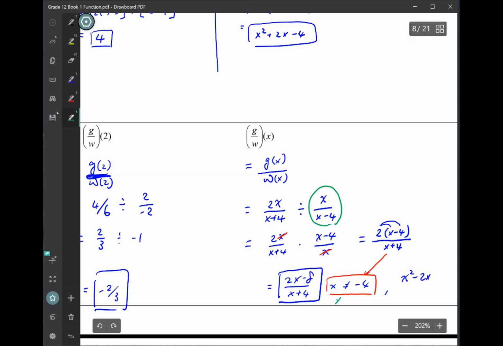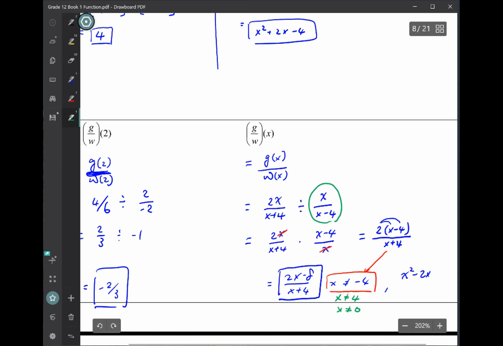Yeah, x cannot be 4. So we have to include the denominator here, right? Anything else? No, there's no more denominator. You have to look for all the denominators, right? But x, yes. X can also not equal 0.